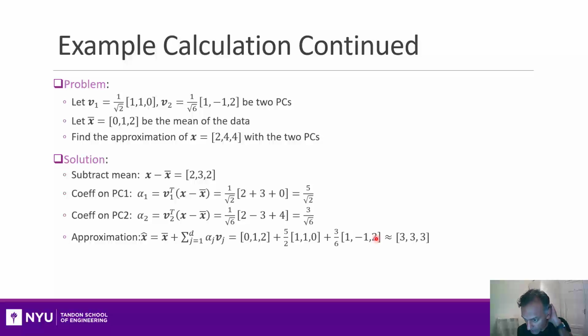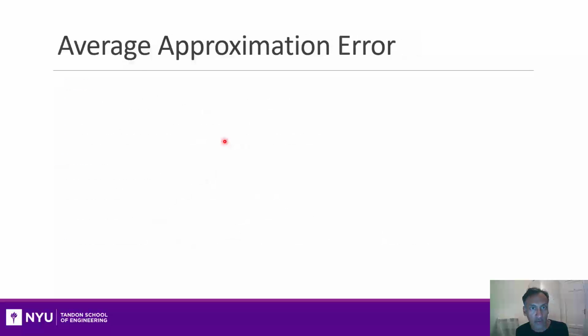We'll show you how to do everything by computer momentarily. When you add all these numbers up, you get 3, 3, 3. So it's not exactly equal to the original in this case, but you see it's approximating it. Hopefully in reality, when you take the 2-term approximation, you wouldn't lose as much of the information.